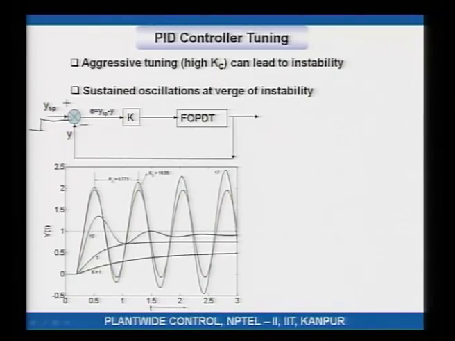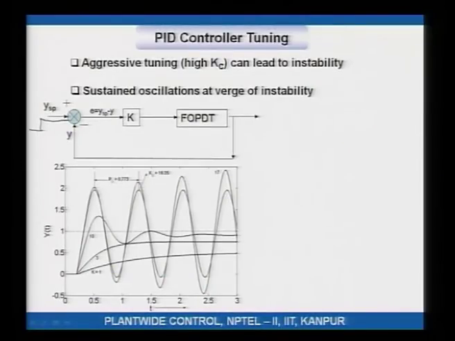What I have done in this figure is I have changed the gain, this value of K, from low to high values and seen what happens to the response as a step change in the set point is given. All right. At K equal to 1, the response looks like this. You want to get to 1, but because it is a P only controller, you go in that direction, but some offset remains.